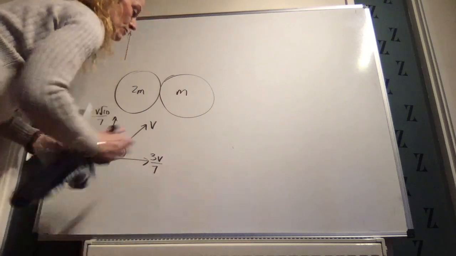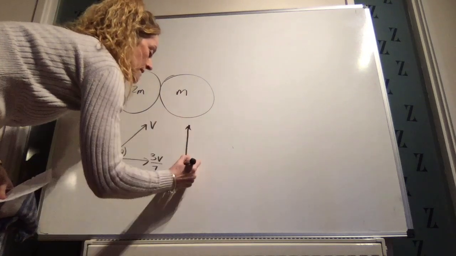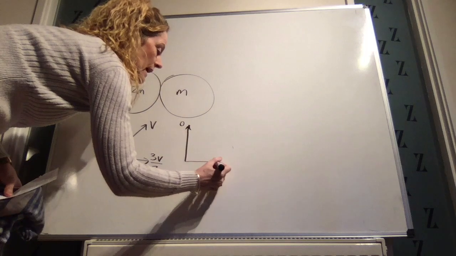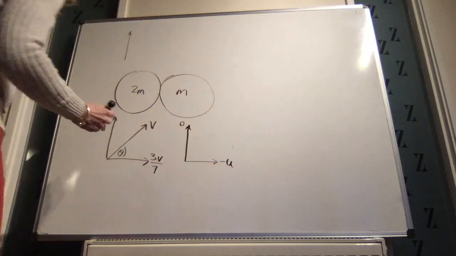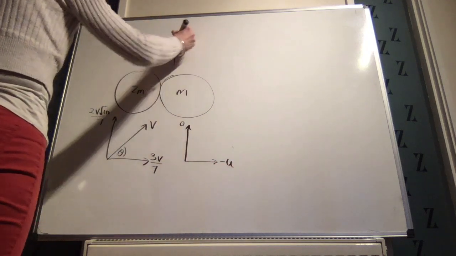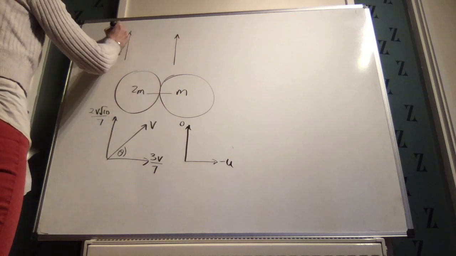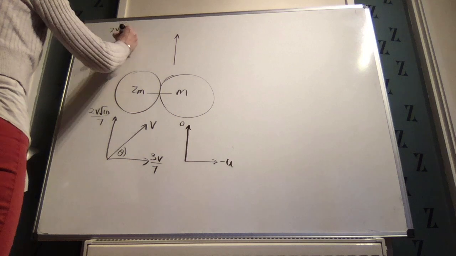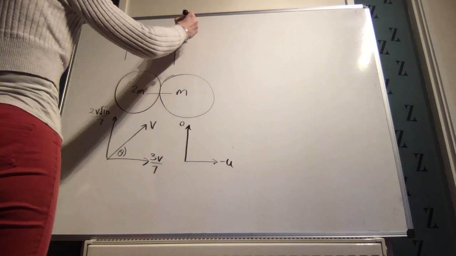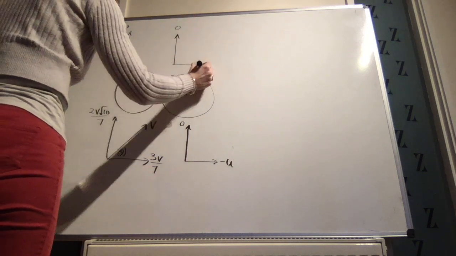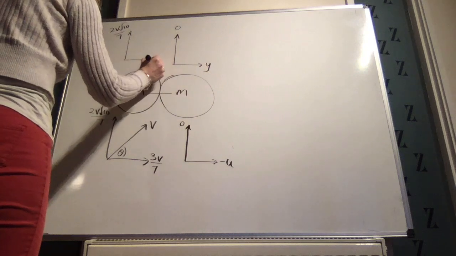This one we're told is going at velocity 0 in this direction and -u in this direction. So we know that the velocities perpendicular to the line of centres don't change. So this is 2v root 10 over 7 and this one is 0. Call this y, call this x.